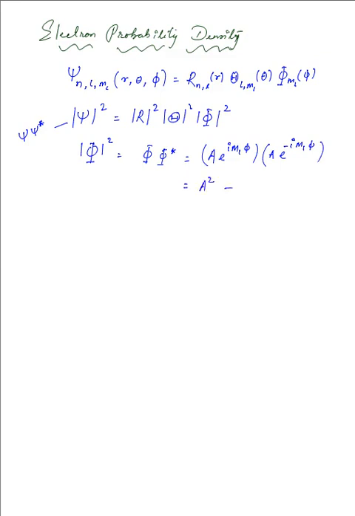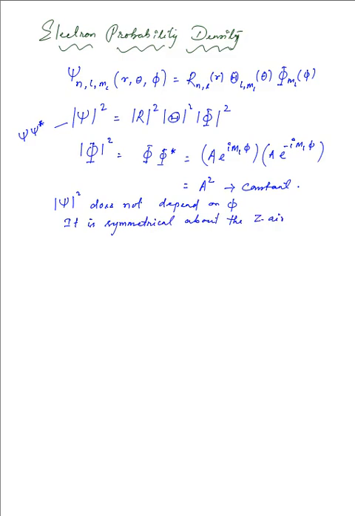Now, A squared is just a constant term, which means that the probability psi squared does not depend on phi, because it's a constant quantity, and it will be symmetrical about the z-axis, because that's the axis that we have considered for the azimuthal angle.